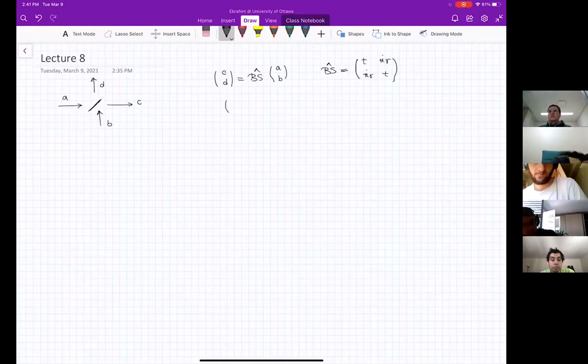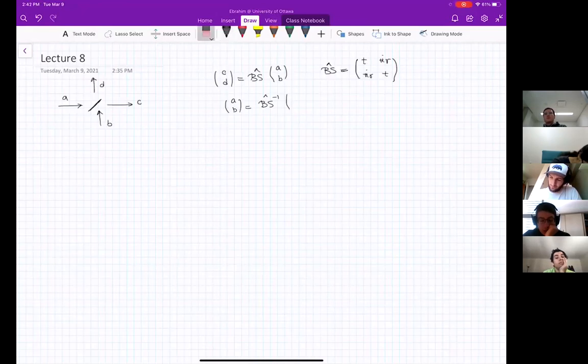And then we say that easily you can invert this matrix, so then you can link A and B to the output, which is C and D. And then from here we got that, is there any mistake? No, okay.